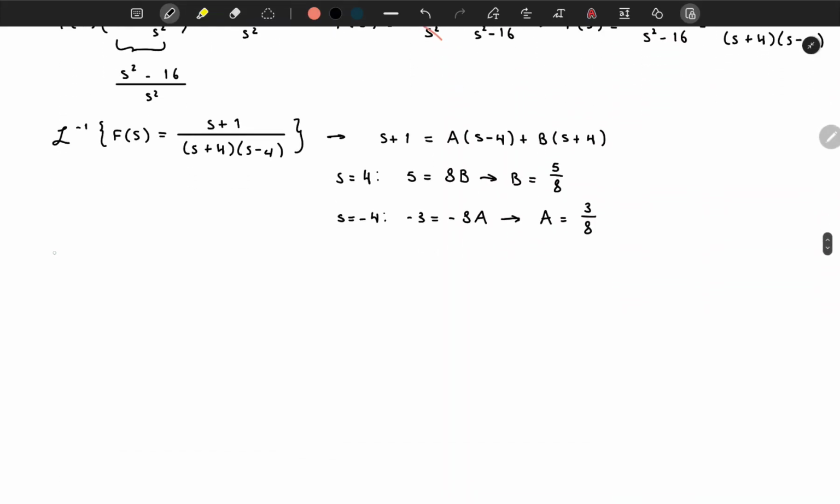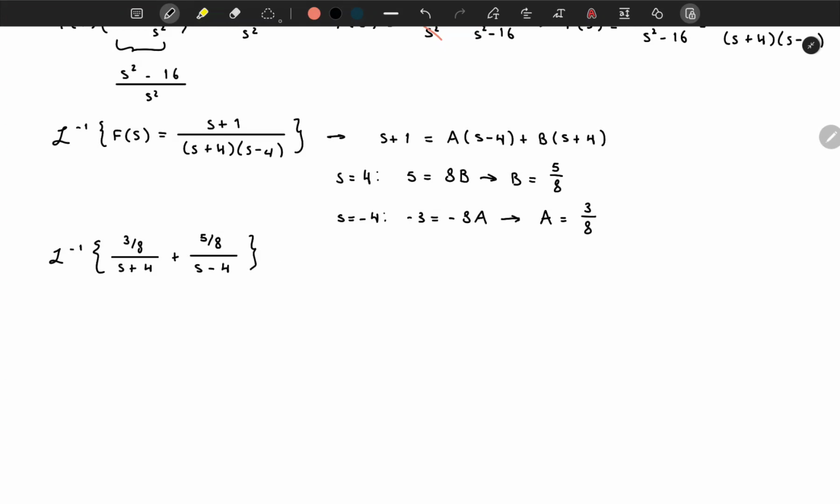This means that we can find the Laplace inverse of 3 over 8 times 1 over s plus 4, plus 5 over 8 times 1 over s minus 4.